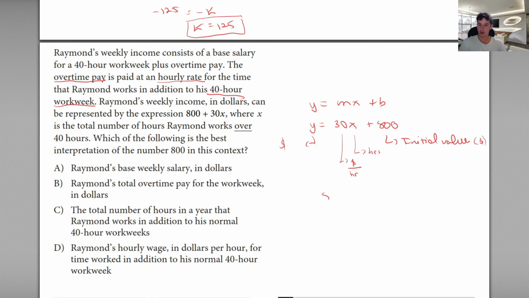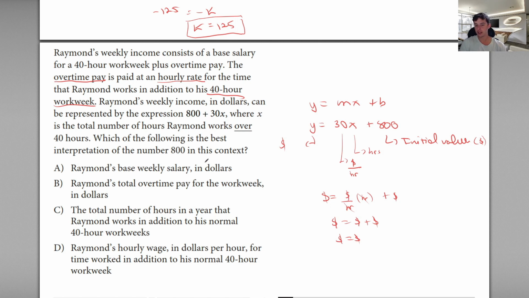So as you can see, money would be equal to money per hour times X, which is hour, plus the money that he makes as the initial payment. So hours cancel out, and money equals money plus money. So money equals money. We know for a fact that this makes sense, the way that we interpreted the question.